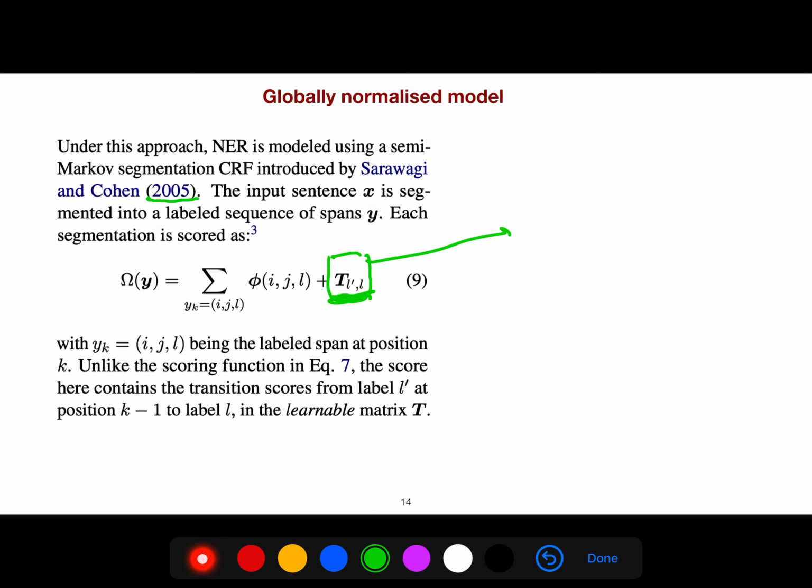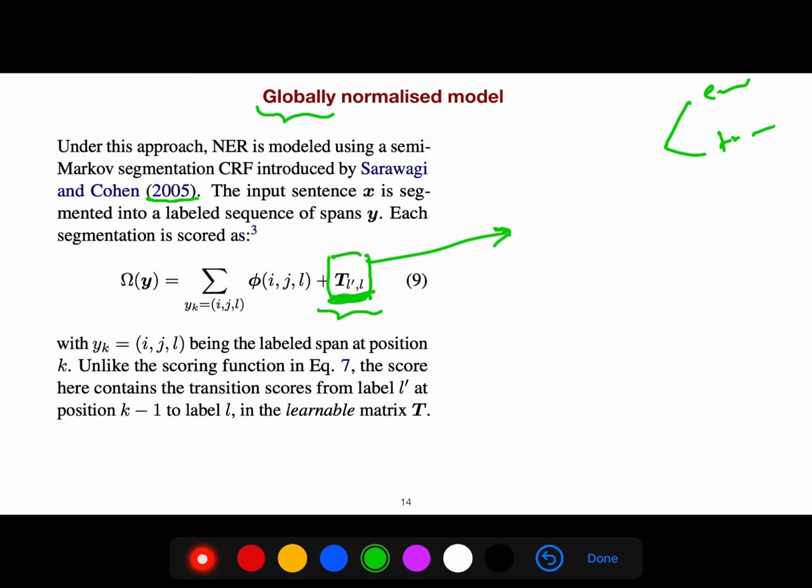If you're familiar with the CRF or hidden Markov model, then you're familiar with emission probability and transition probability. And I have a playlist for hidden Markov model. I have a playlist for CRF that you can review these important concepts. After reviewing that, then you understand why we are adding another term, so that we want to learn it as well, because that one represents a globally normalized model, and that's why the authors of this paper use structured span prediction.